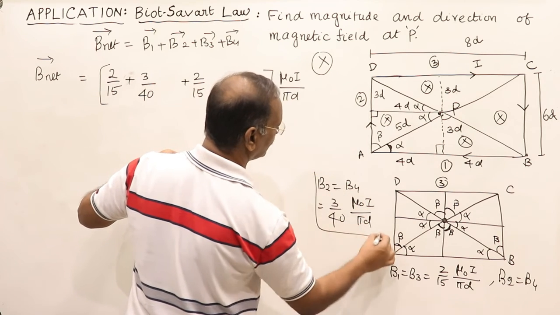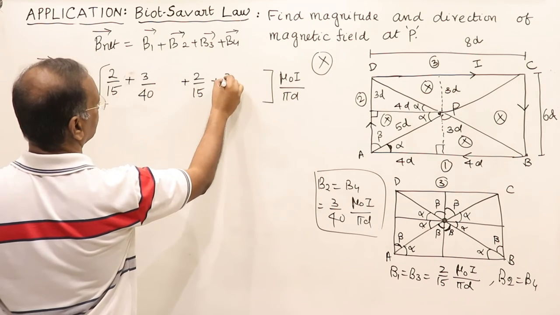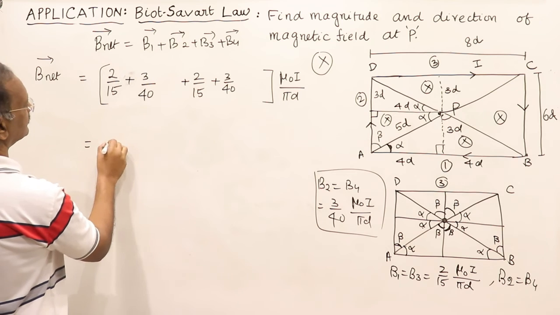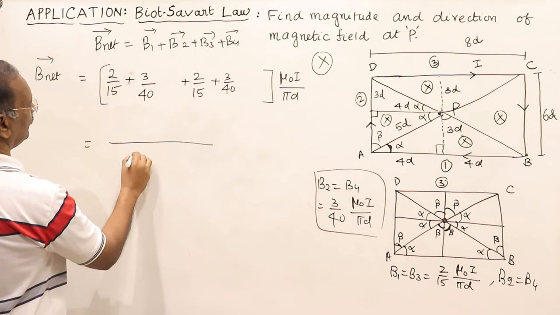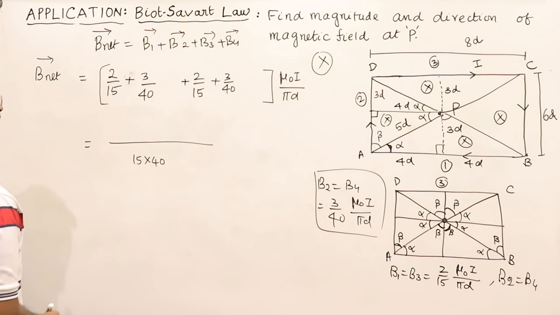Just now we have calculated 2 by 15 plus 3 by 40, or we can take LCM, 15 into 40.